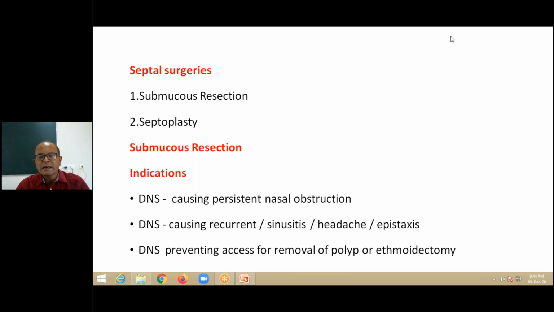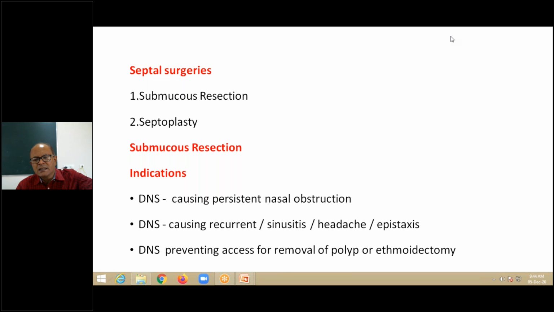Then third is the relocation. Relocating means what? In most cases, if you see the diagram, the cartilage sits on the maxillary crest and the palatine crest. Sometimes when the cartilage height is more, it comes out of the maxillary crest.